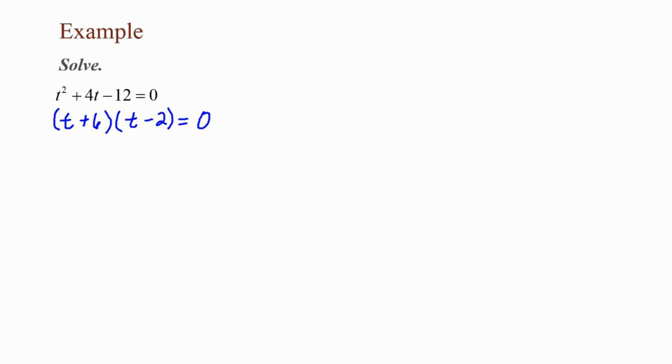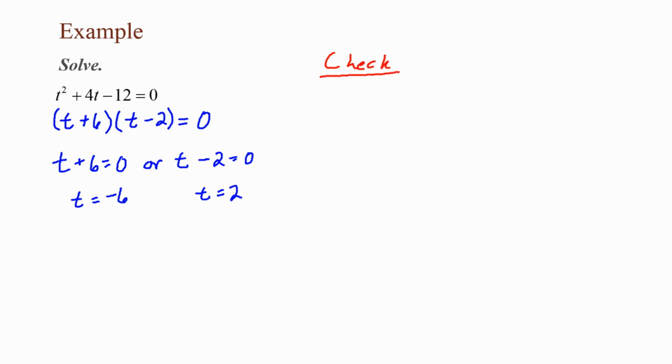Now we want to use the zero factor property, so t plus 6 equals 0, or t minus 2 equals 0. Adding the opposite, t equals negative 6, or t equals 2. We can check our work by substituting into the original equation. Let's start with t equals negative 6.